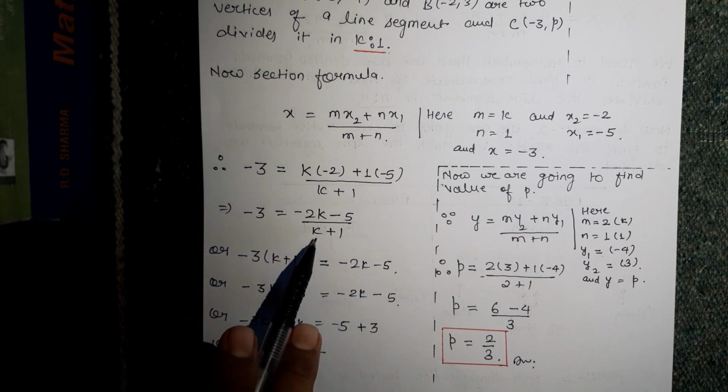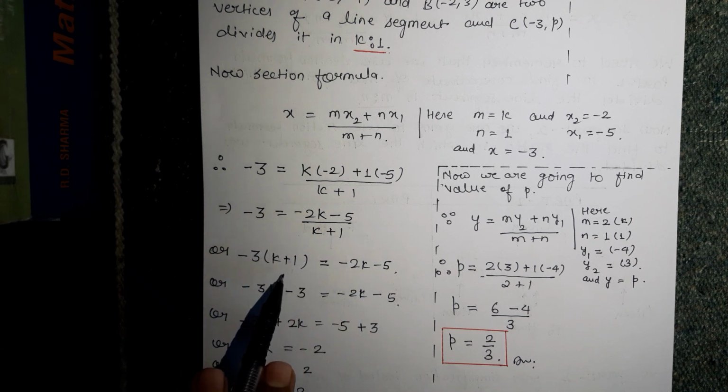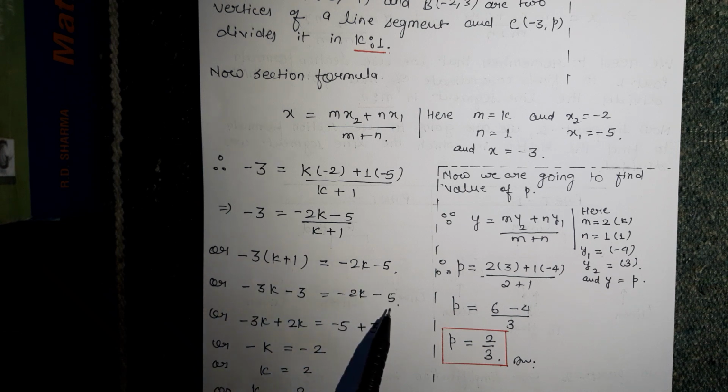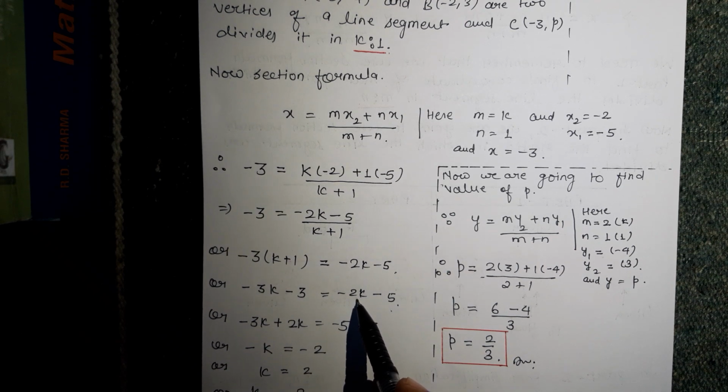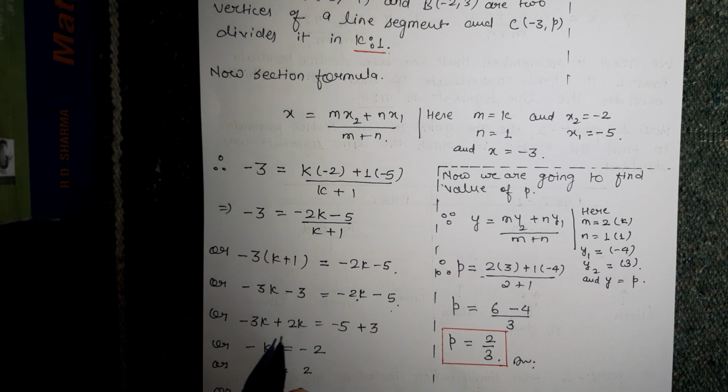While transferring, we transfer k + 1 to the other side. So it will be -3k - 3, and it is -2k - 5. Now we are going to transfer -2k to the other side. So -2k will become +2k, and -3 to the right hand side will become +3.